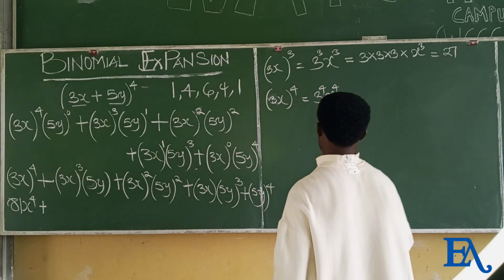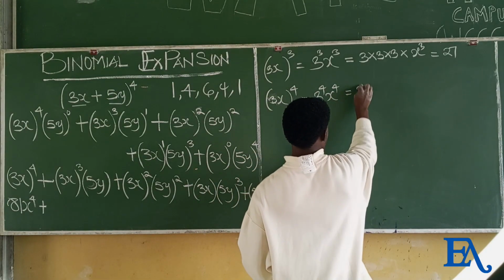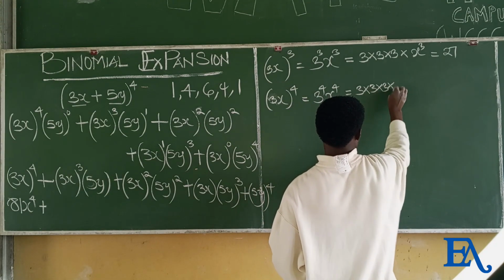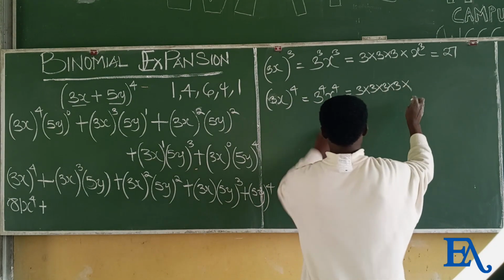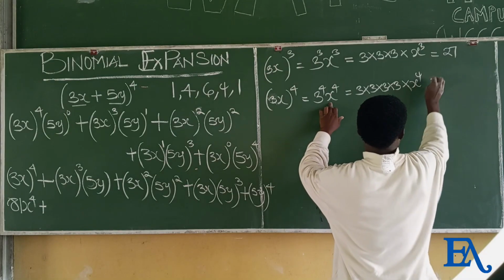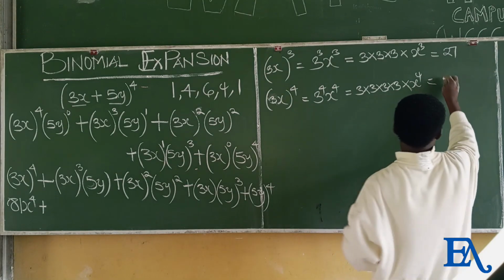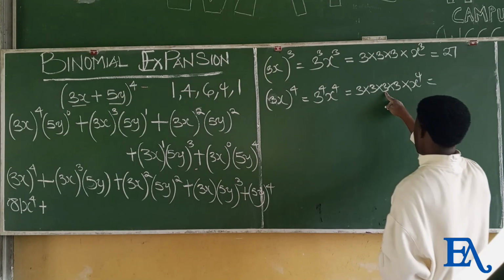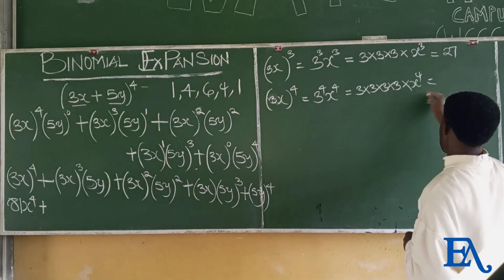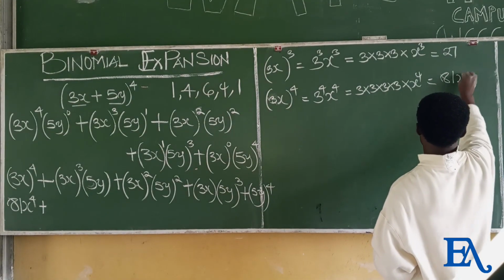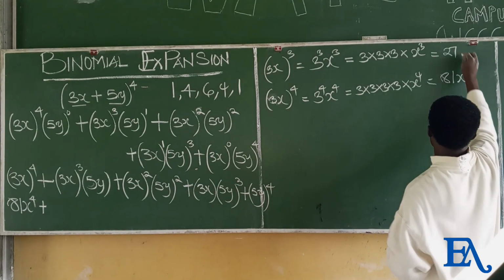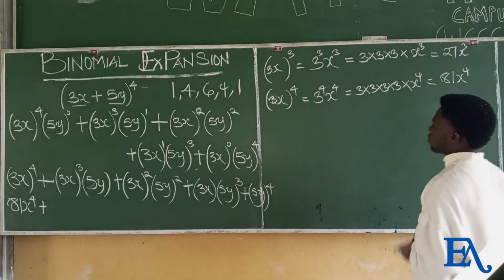When you remove the bracket, 3 raised to the power of 4 is 3 times 3 times 3 times 3, then times x raised to the power of 4, which gives 3 times 3 is 9, 9 times 3 is 27, and 27 times 3 is 81x raised to the power of 4.